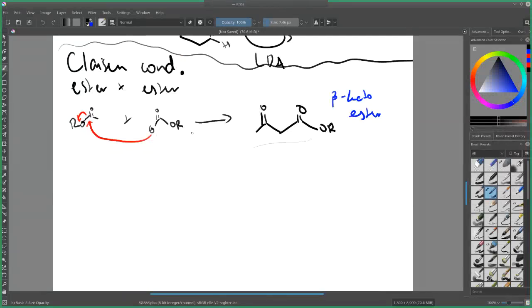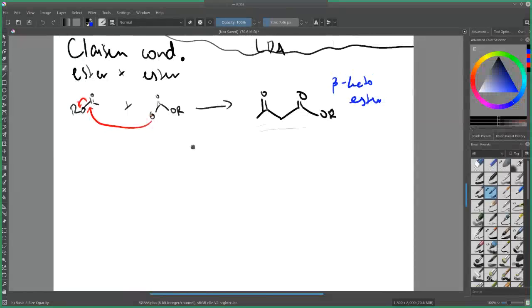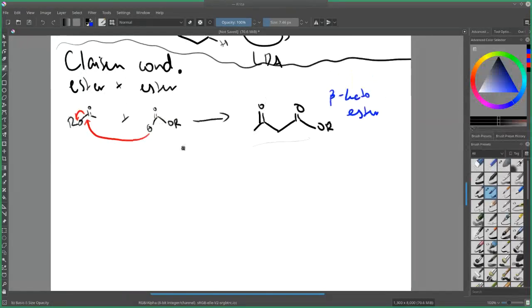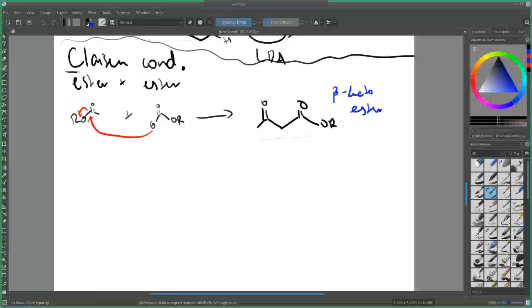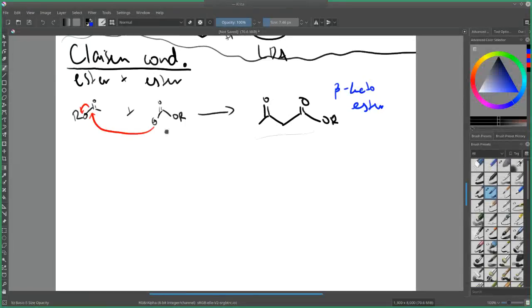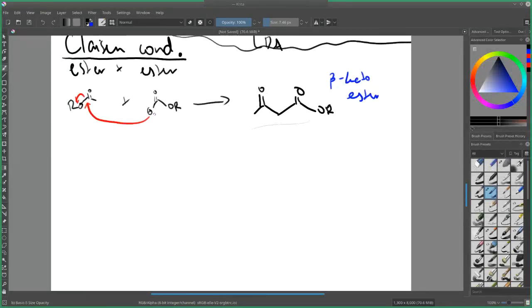Claisen was, I guess, the person who figured this out, so good for them. But it's more or less the same chemistry. It's just now we have two esters and one of the RO minuses gets kicked off. So we just make a beta keto ester. But otherwise it's the same process.